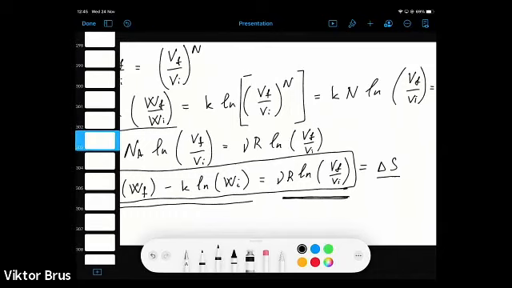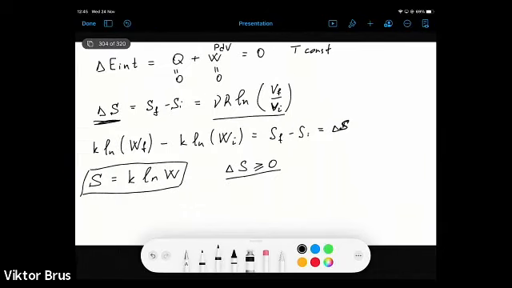So based on previous discussions, we used the previously derived equation for the change of entropy when we don't have any change of internal energy, meaning constant temperature. And we figured out that the equations for the change of statistical weight and the change of entropy can be described by the same equation, nu times R, natural logarithm of V final divided by V initial.